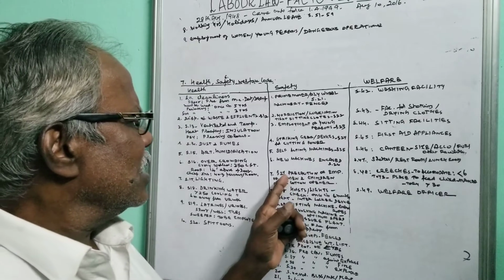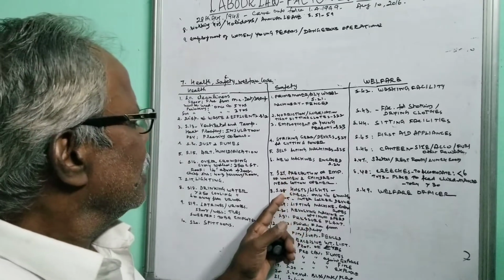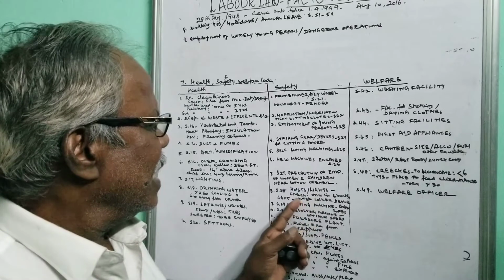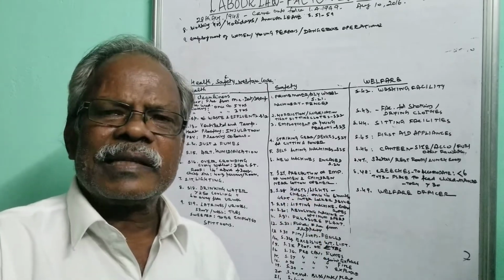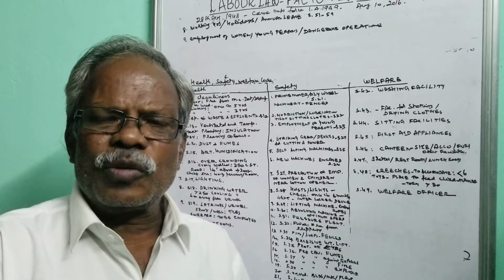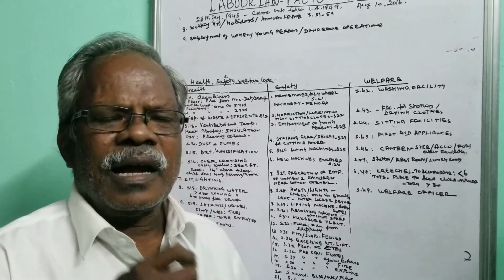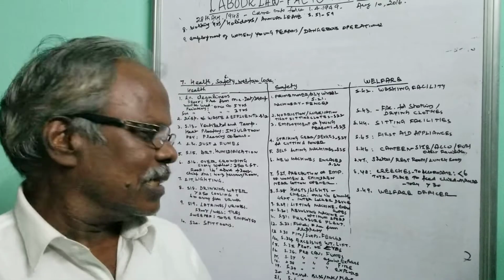Then section 28, hoists and lifts, and they should be checked once in 6 months. Suppose some of the lifting things are hoisted by chain and all, that should be checked once in 6 months.